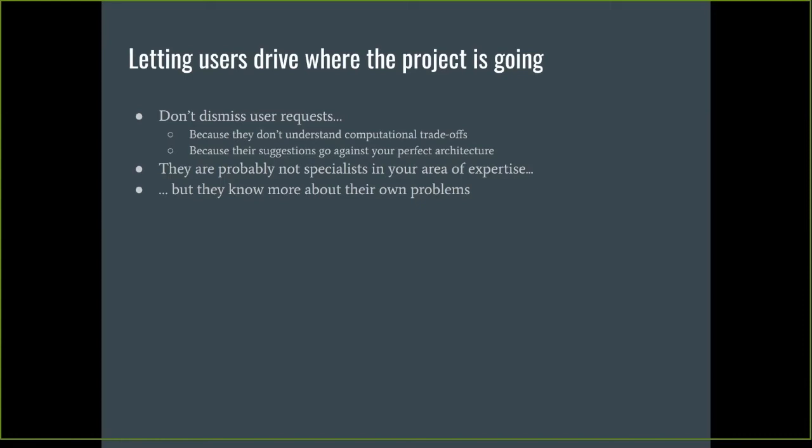But it's always worth digging deeper and understanding the user requests before dismissing them. In our case, our users are biologists, and they are probably not specialists in my area of expertise, like computer science, but they surely know more about their own problems. Working together to figure it out can lead to huge rewards later.